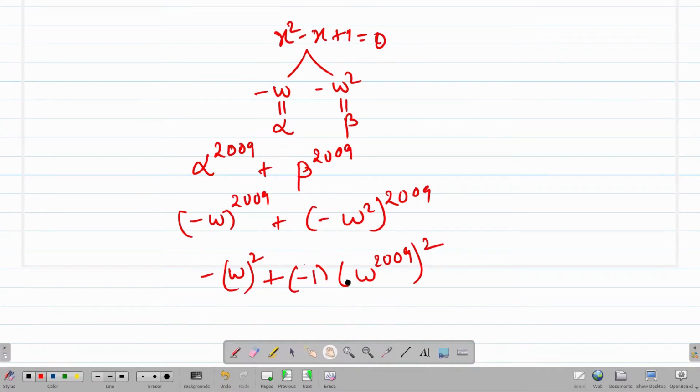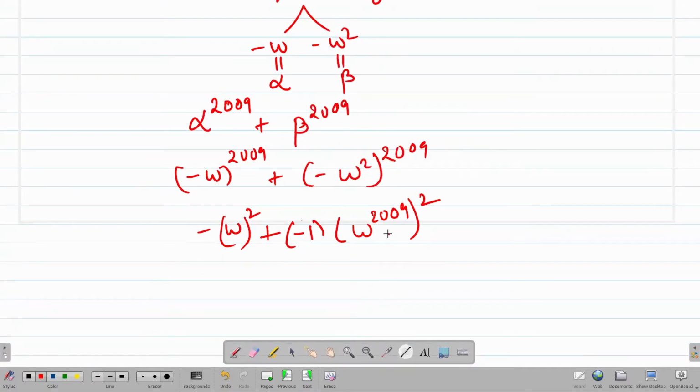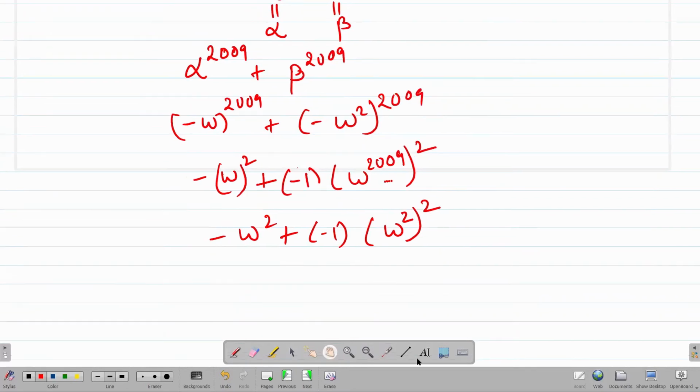As we know that on dividing 2009 by 3, we get 2 as remainder, so this is minus of omega square, this is minus 1, and this is omega square and whole to the power 2. So instead of multiplying and then dividing by 3, just interchange these two and put the remainder here. Now I have just reduced the calculation.